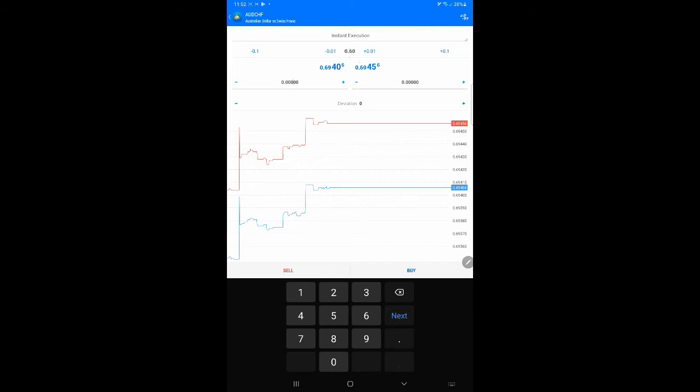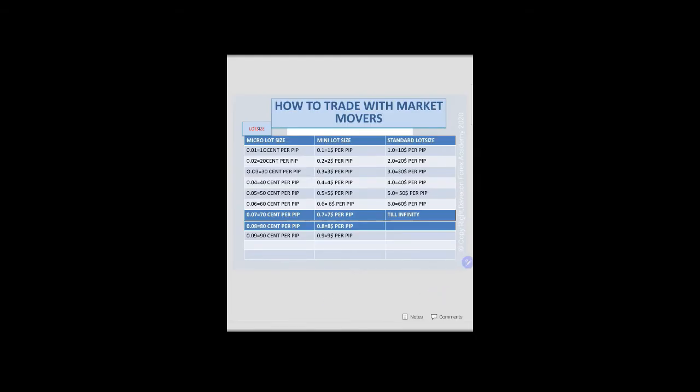So if I use 0.6 here and I make a trade, I make 21 pips, meaning $6 times 21. So I'll be having $126. That's what I made. Remember, it's a two-way thing, please. It's not about the making, it's also about the risk.